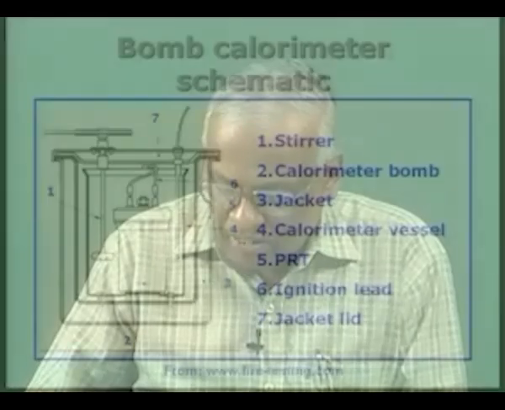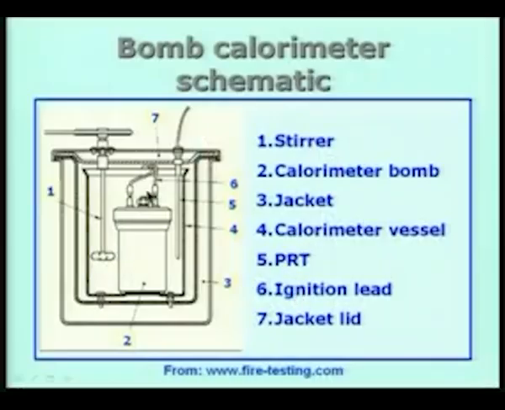During the combustion process, heat is released, the temperature is going to go up. I must be able to measure the temperature to 0.01 at least. Okay. So, the ignition is done by the leads shown here, and inside there will be a wire. I have not shown it here, but there is a wire.